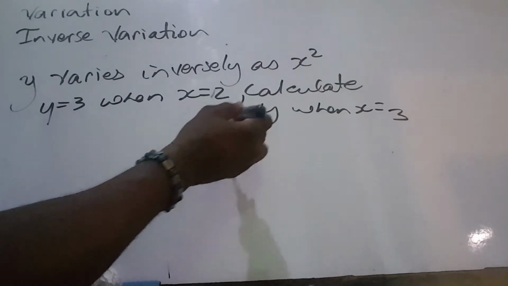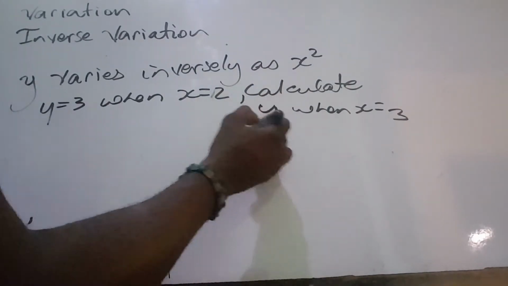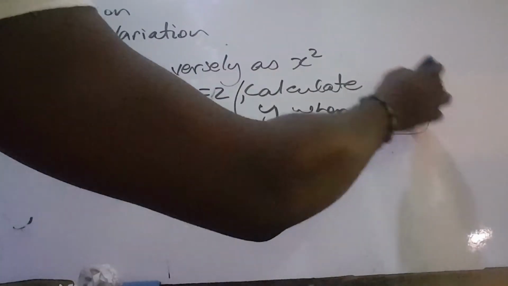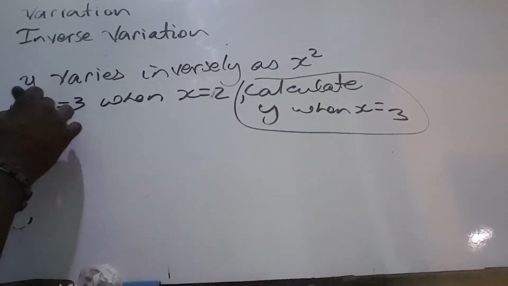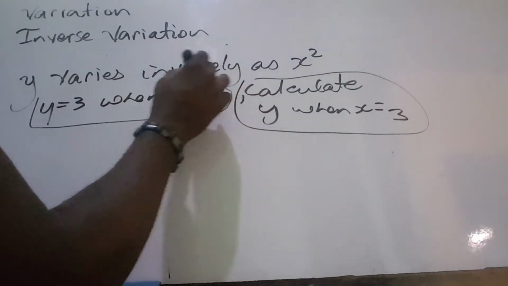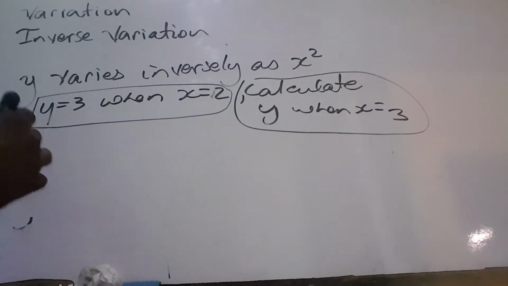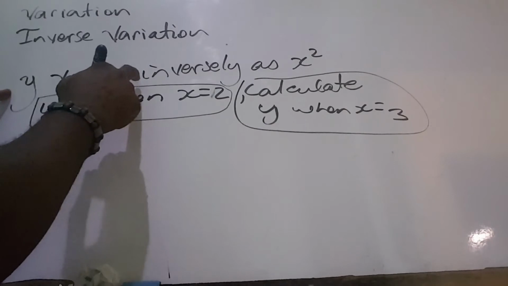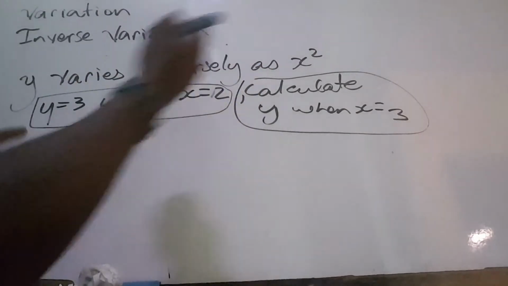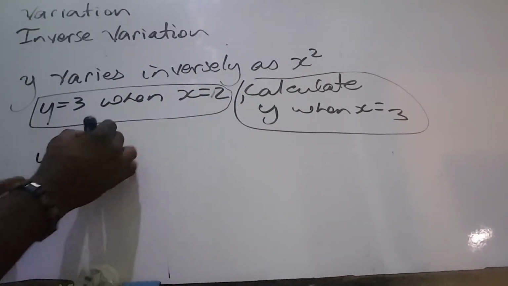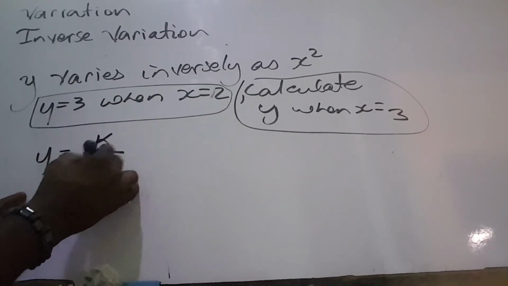So technically, we intend to find this part of the deal, but as you could see, we were given these. Now let's write the formula of the day. Y varies inversely as x squared. So y is equal to k over x squared.